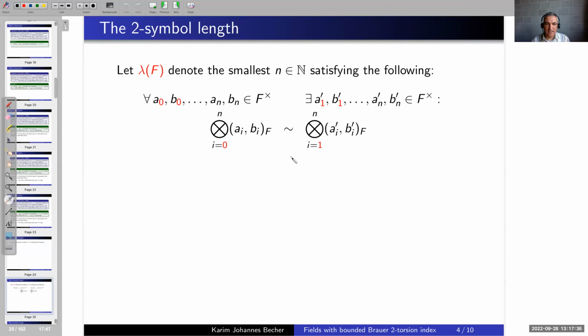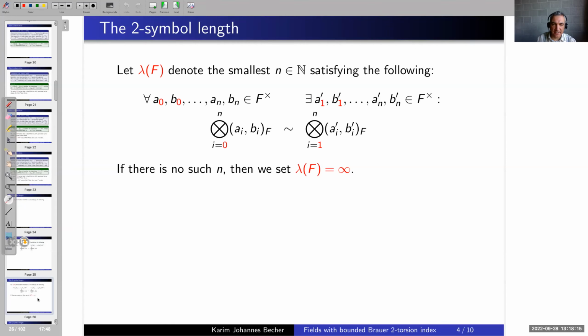Here, for all such elements from A0, B0 to An, Bn, we can also write them with A1 prime, B1 prime, up to An prime, Bn prime, and write this tensor product like this. So I emphasized here that here it's n+1 factors, here it's n factors. So I shortened the representation. Good. And now let's look at the statement. We should first also take the convention that we take infinity if such an n doesn't exist.